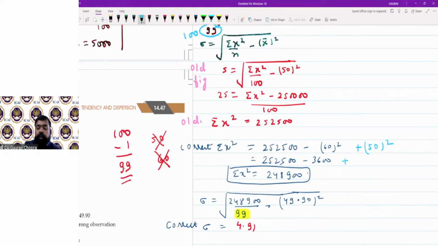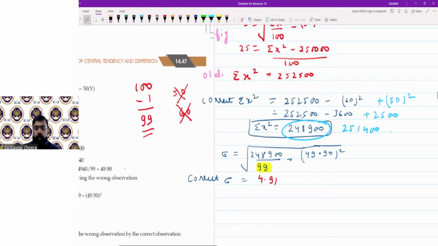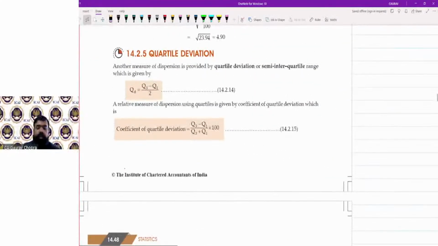So here we will get 2,51,400. So it will give us almost the same answer, but yes, the calculation will be a bit different. All right. So this was overall the standard deviation.